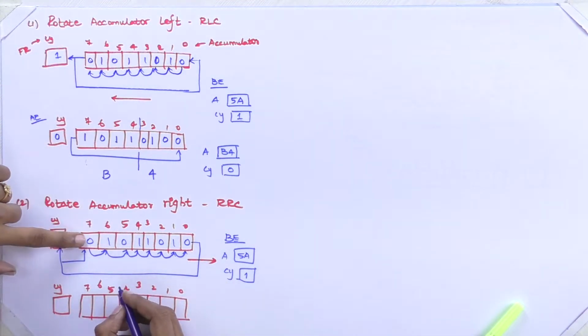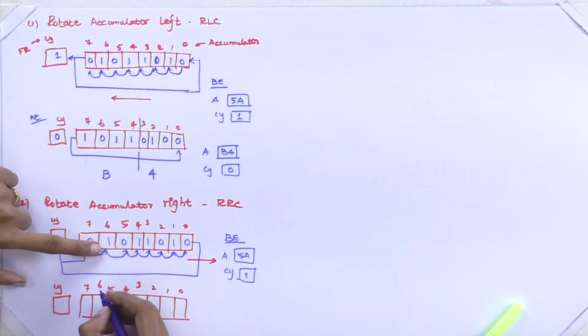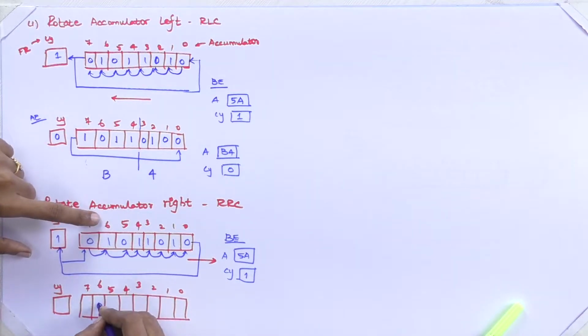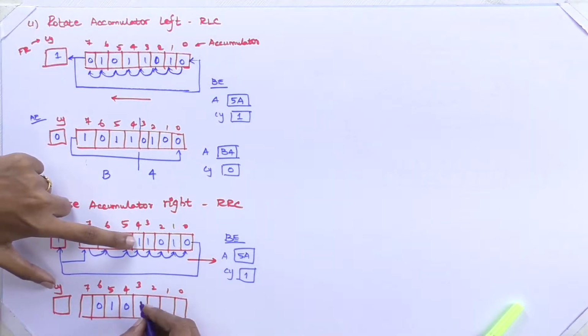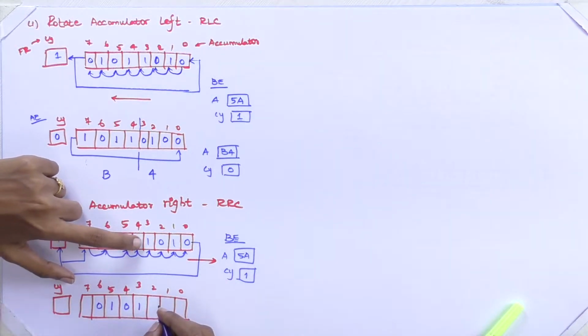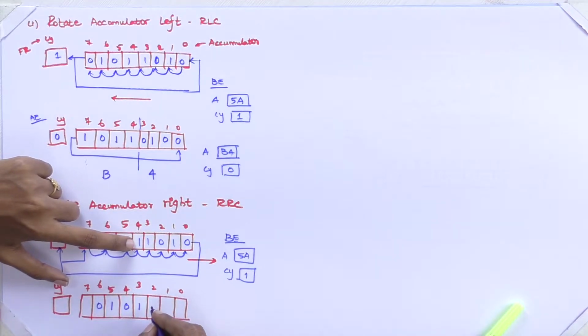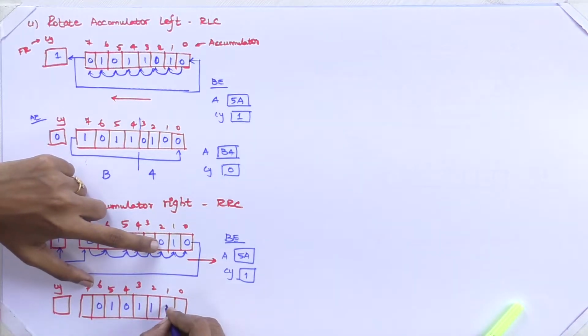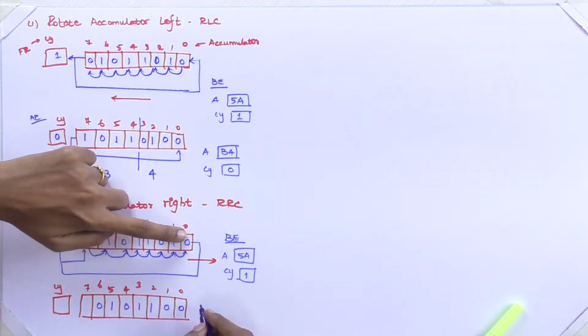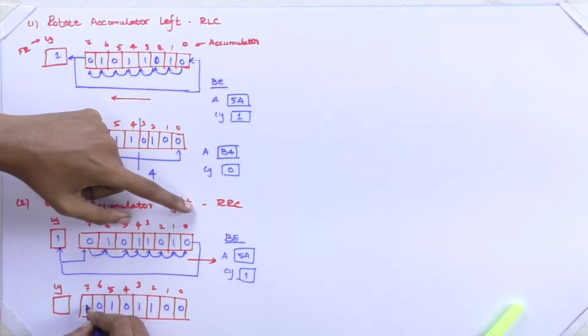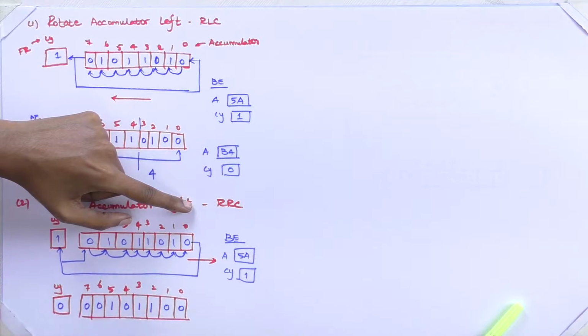The bit number 7 value is given to 6, 6 value is given to 5, 5 value is given to 4, 4 value is given to 3, 3 value is given to 2, 2 value is given to 1, the first bit value is given to the 0th bit, and the 0th bit value is given to 7 as well as to carry.